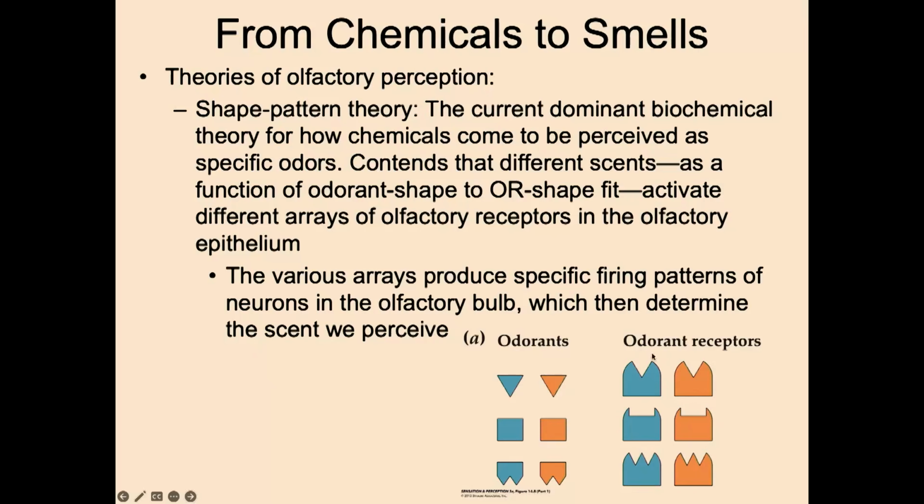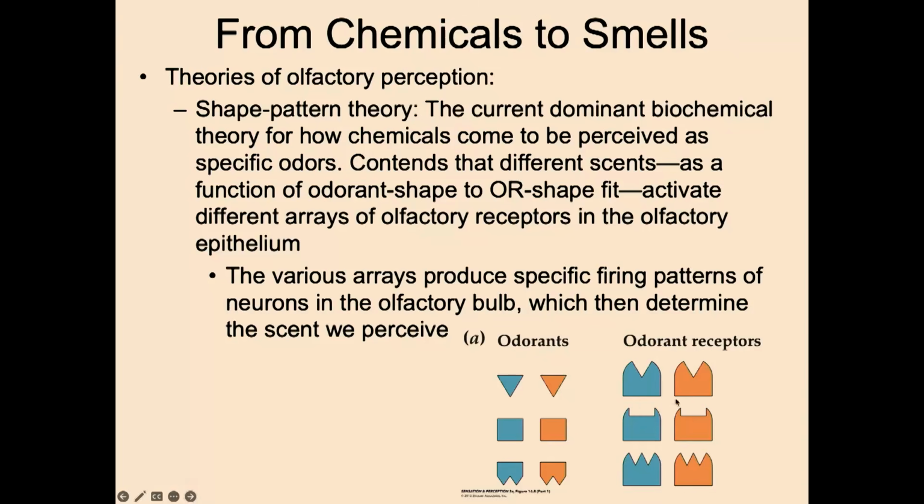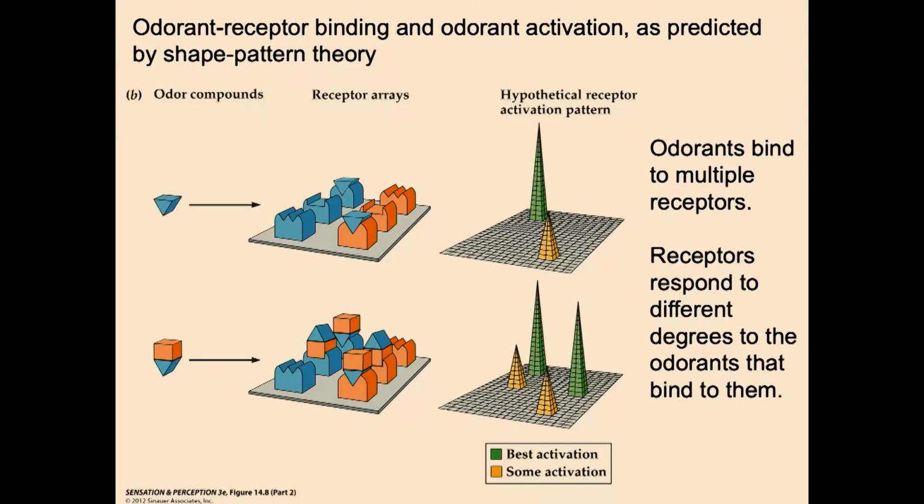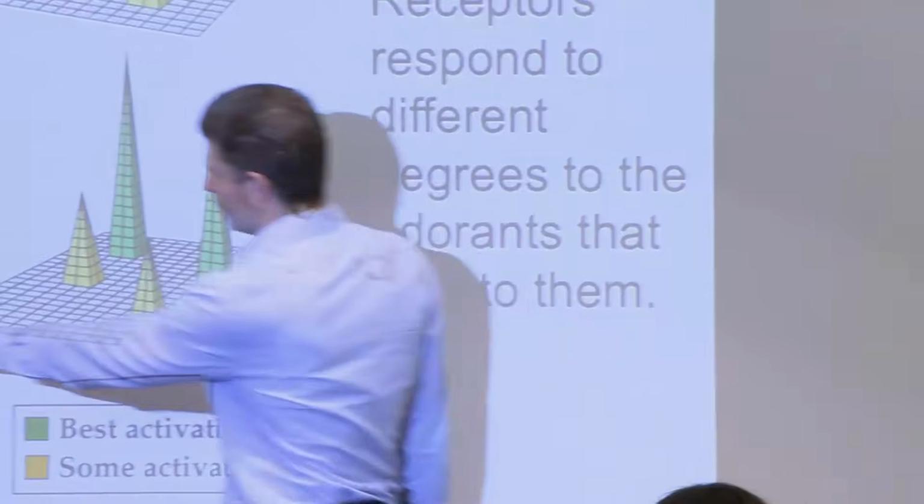This is a very simplistic schematic where we're depicting the different odorants with geometric shapes, and the odorant receptors as having different shapes as well. The idea is that some of the odorant shapes fit into the odorant receptors and would then cause a response. Here's another schematic of how this would work. Imagine that this is your olfactory epithelium, and you've got all these different receptor types here.